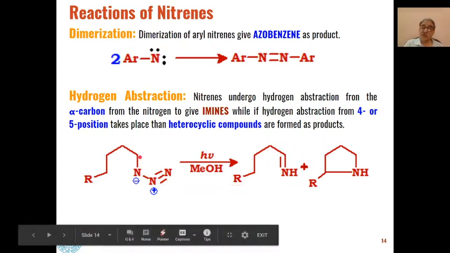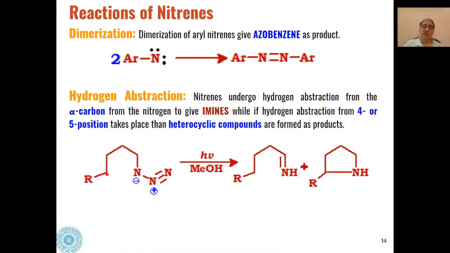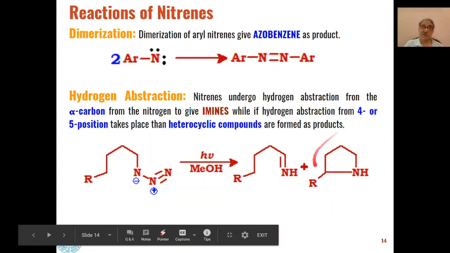Then this is position 1, 2, 3 and 4, and if hydrogen is abstracted from position 4, then this nitrogen will attack this carbon hydrogen bond and cyclization will take place like this to give us 5-membered heterocyclic compounds.